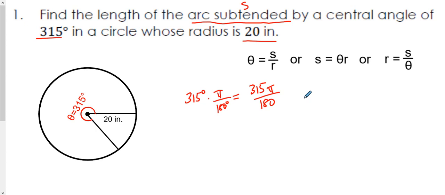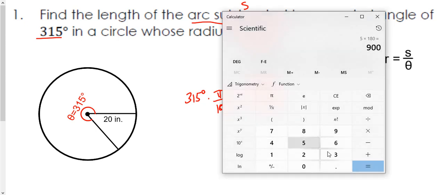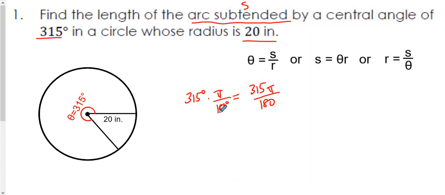So 315 divided by 45 gives us 7, and 180 divided by 45 gives us 4. So this is 7 pi over 4. So this is theta.